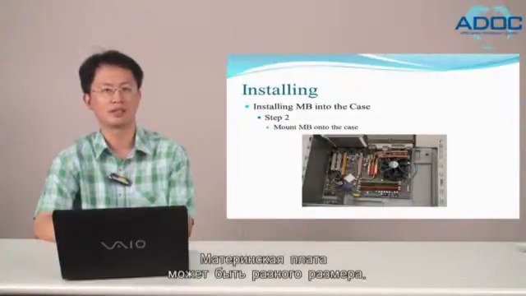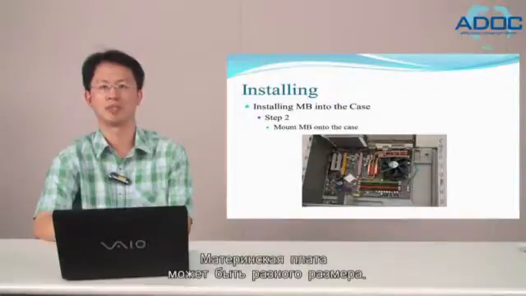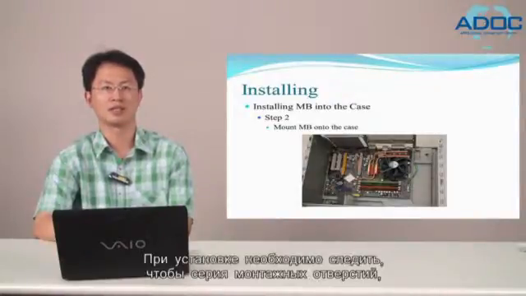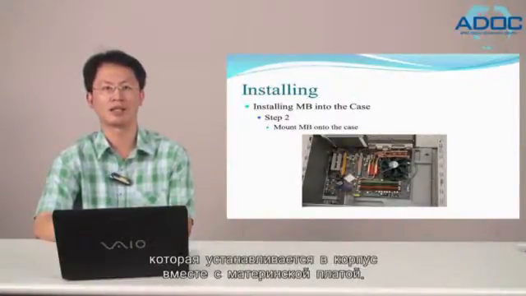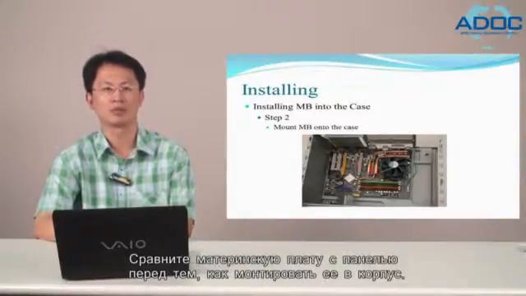There are a variety of sizes that a desktop motherboard can come in. In each case, there is a series of mounting holes that need to be lined up between the motherboard and the case or tray. Compare the motherboard to the tray that it is going to be installed in.